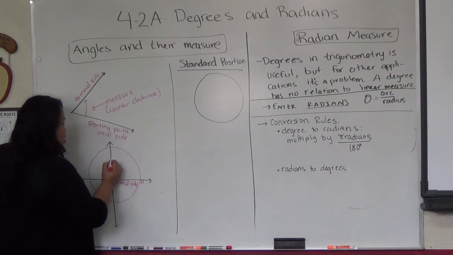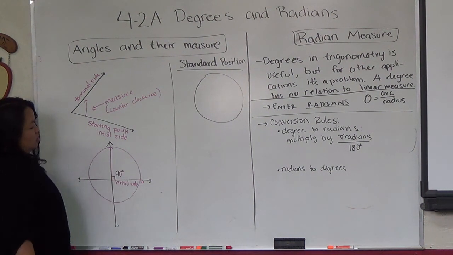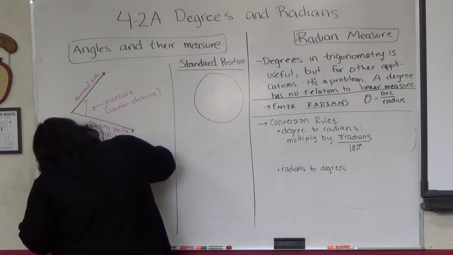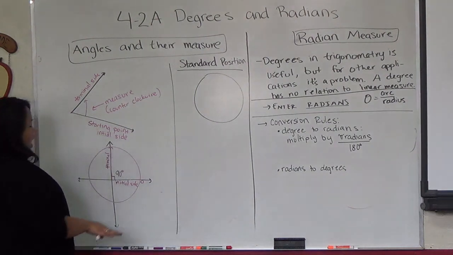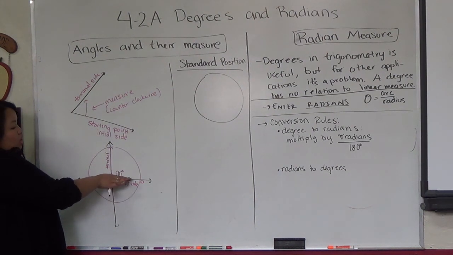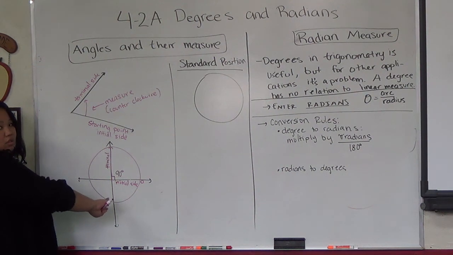So it could be here, making this measure how many degrees? 90. Right? So if it's going counterclockwise, it's positive, and clockwise is negative. So if I had the initial here, and it went this way, it would be negative 90 degrees. But I can also go here, and go this way, and it'd be positive 270 degrees.